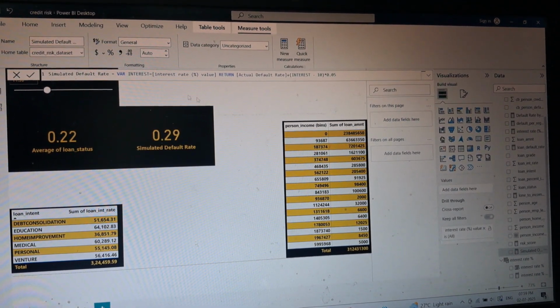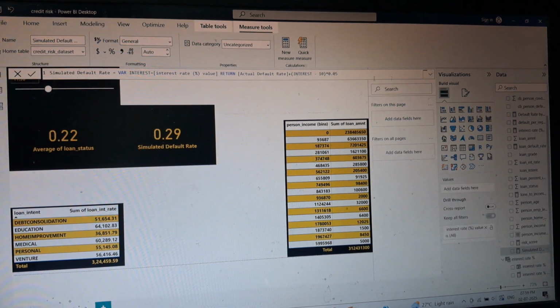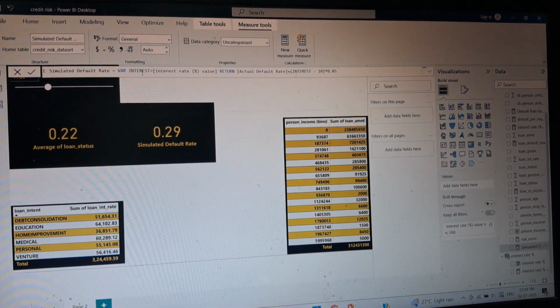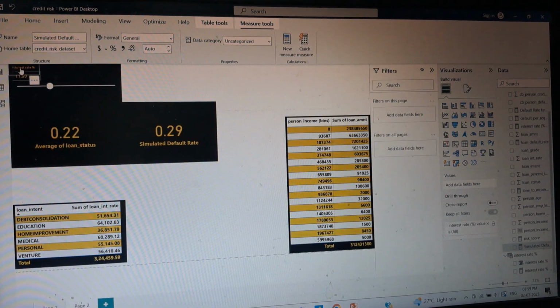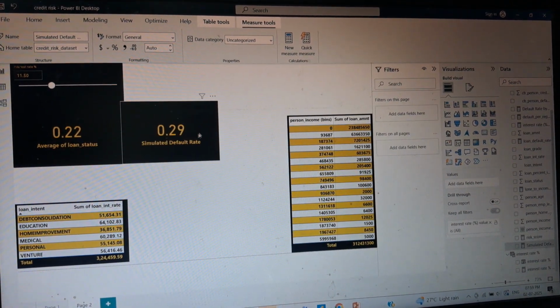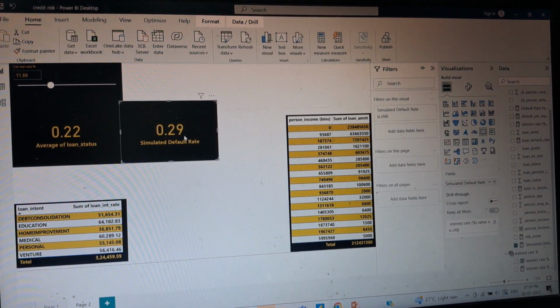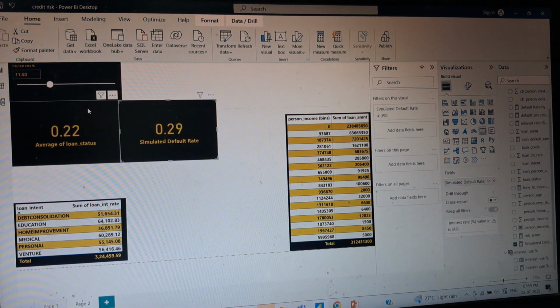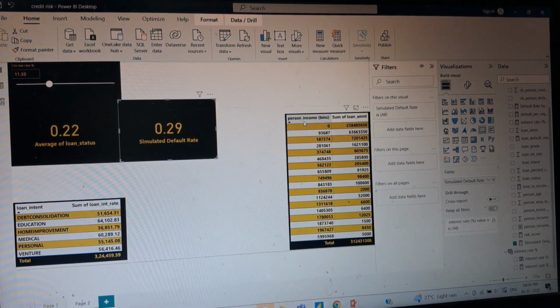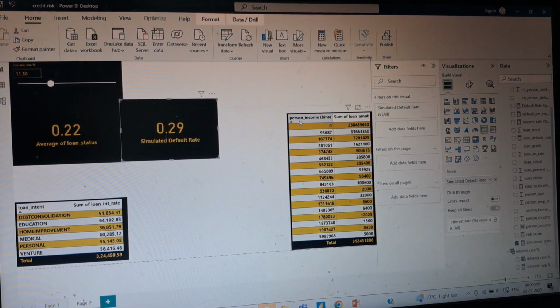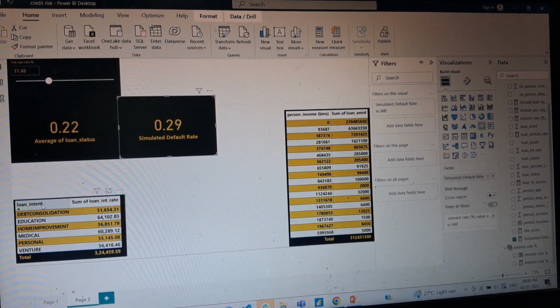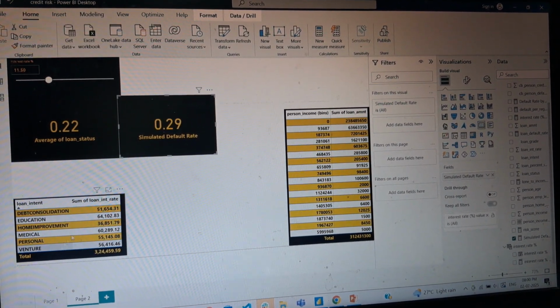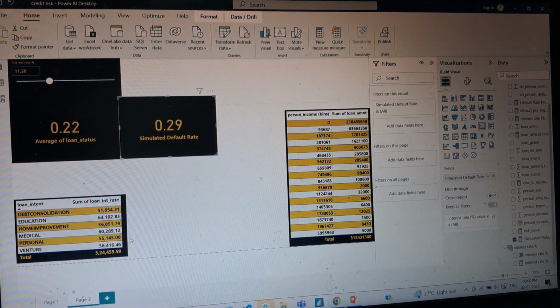This is the formula we have used for the simulated default rate, and this is the simulated default rate we got, 0.29. We have also calculated the table of person income bin, sum of loan amounts, and according to the loan interest we got the sum of loan interest rate.